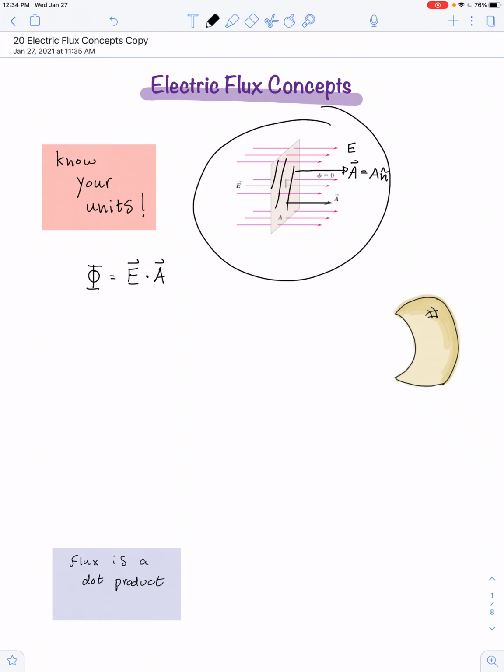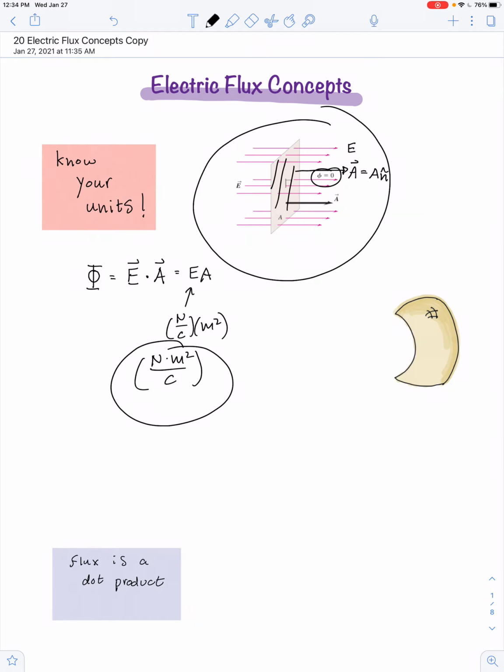Well, the angle between the two is 0 degrees in this case, so this just becomes EA. The units then must be newtons per coulomb multiplied by square meters, or we could say it's newton meter squared per coulomb. Okay, so know your units for electric flux.